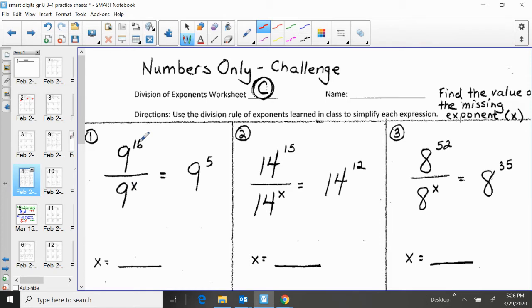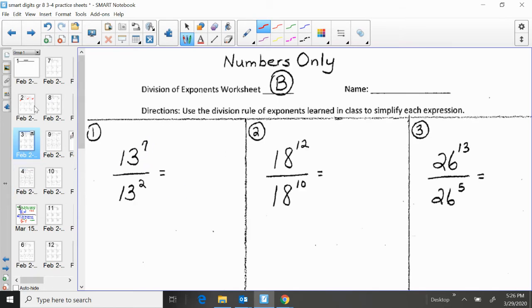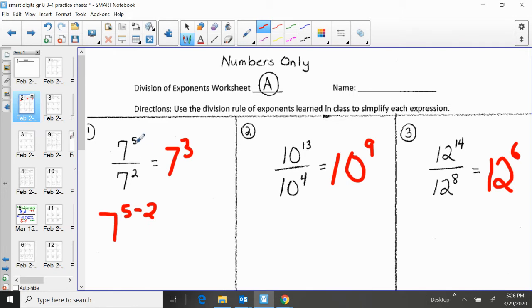In other words, you can see that the base is the same, the base is 9, 16 over x. And you can see that the answer is 5. So how do you think we figured out that exponent would have been 5? So think of what we did here when we knew both exponents. I'll go back to the one we did. We did what when we knew the exponents?